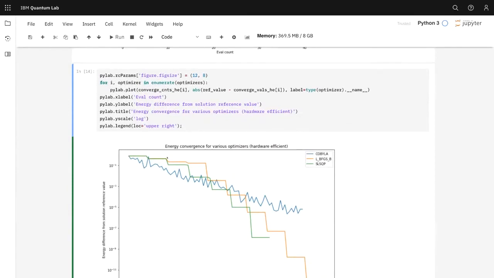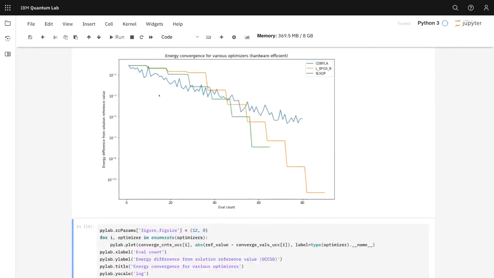And here we remember when we computed the reference value, the exact solution, so that we can compare the error. We can calculate the error that we're getting from our VQE. And here is the energy error in Hartree, and this is the evaluation. So for the hardware-efficient Ansatz, we get down to this.